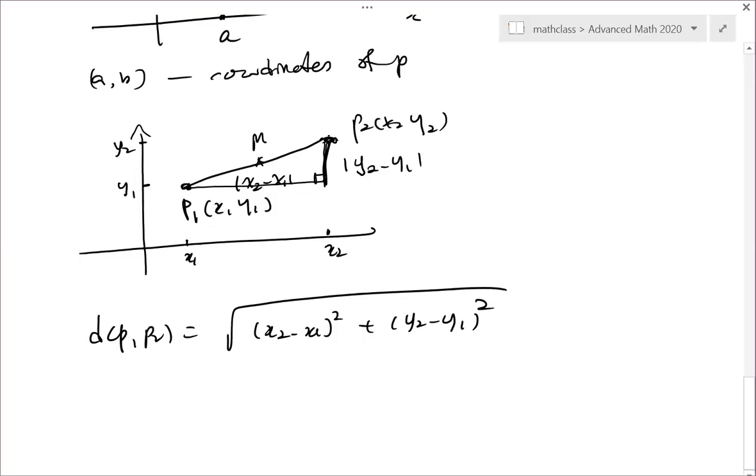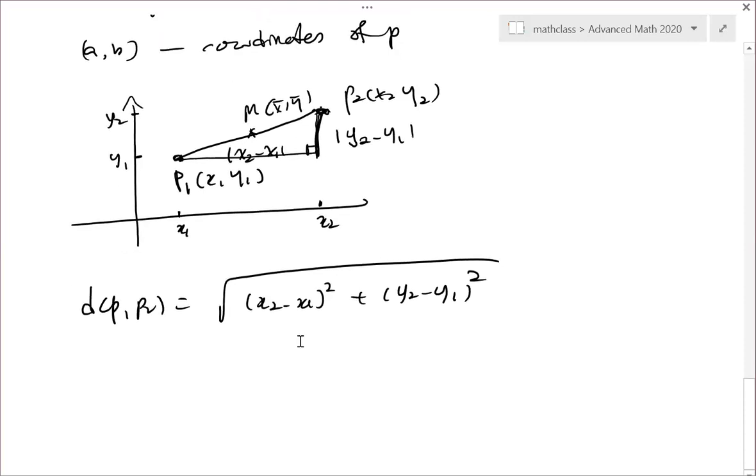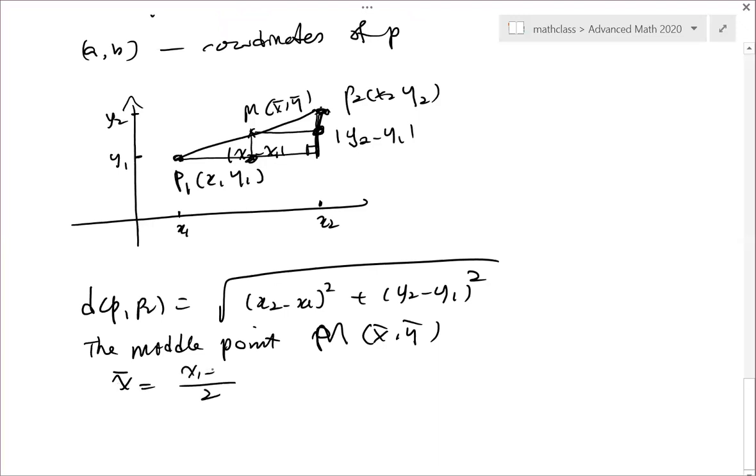And the middle point, let's call it x bar, y bar. How do you find the coordinates x bar, y bar? Well, you draw this line, this line, and those should be the middle points on each side. So that means x bar should be the average value of x1 plus x2.